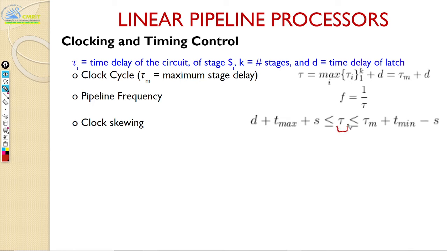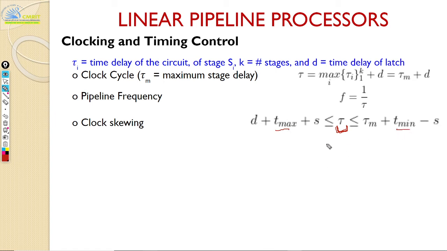Tau is your time period. It is going to give you the clock cycle period, or the stage delay. This is going to be your total stage delay. Now when you are fixing this time period, how much time should you fix for this pipeline? For this you need two aspects. One is t max, and the other one is t min. You need to consider both.